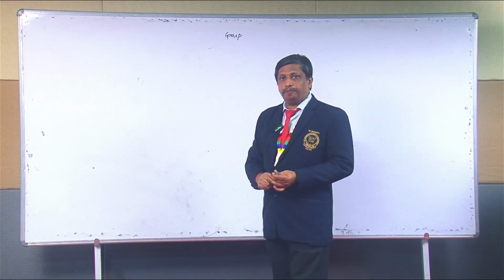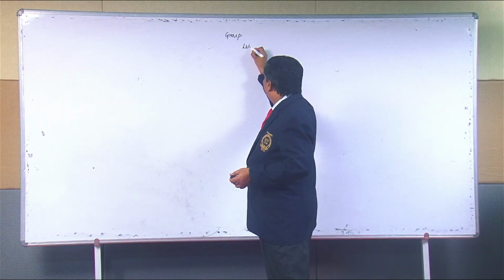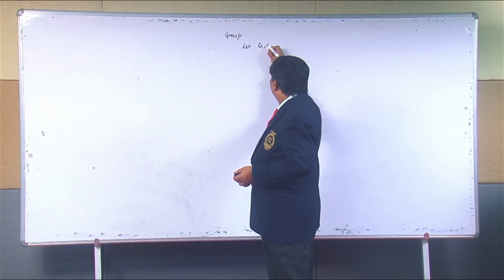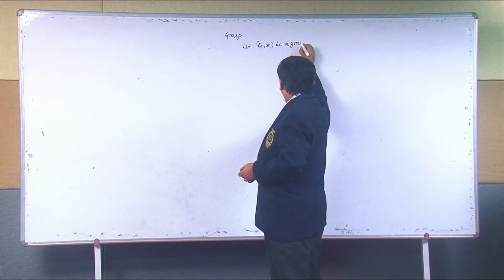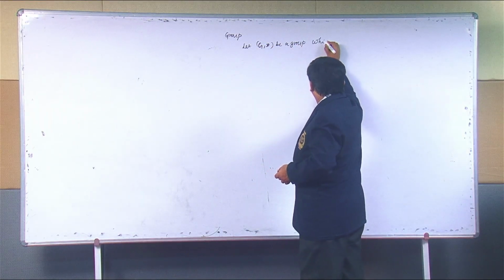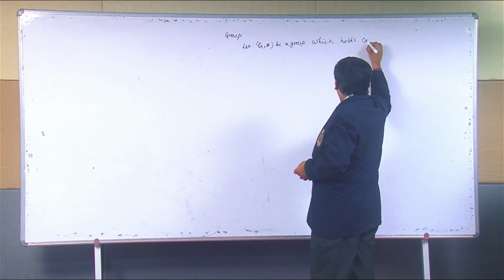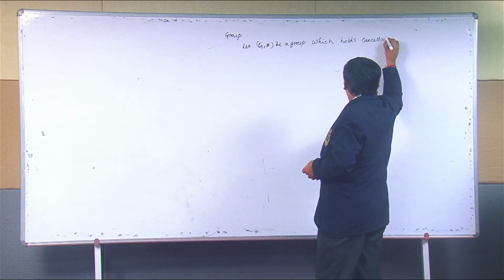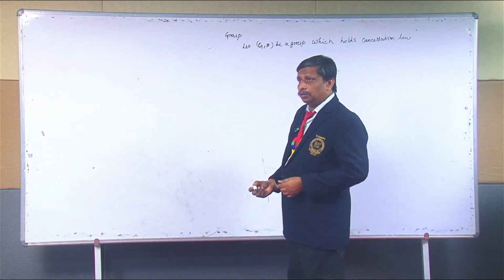Now some important properties which are available in the group. Let G comma star be a group which holds cancellation laws. What is a cancellation law?